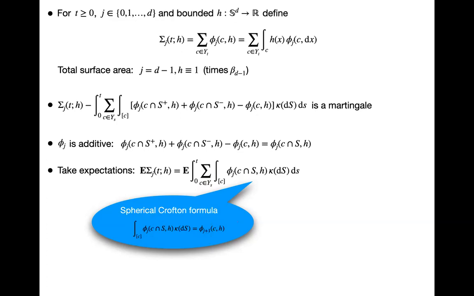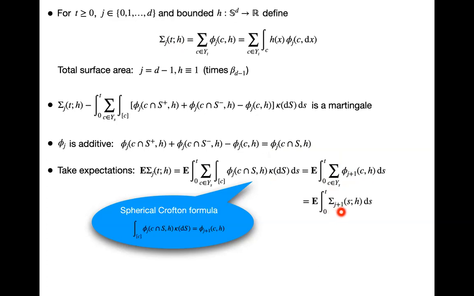This is the effect the spherical Crofton formula has, which means that the inner integral that we see here is just the same as phi j plus 1. So you have the sum over all these phi j plus 1, but this is exactly the definition of our functional sigma j plus 1. So this is just sigma j plus 1.